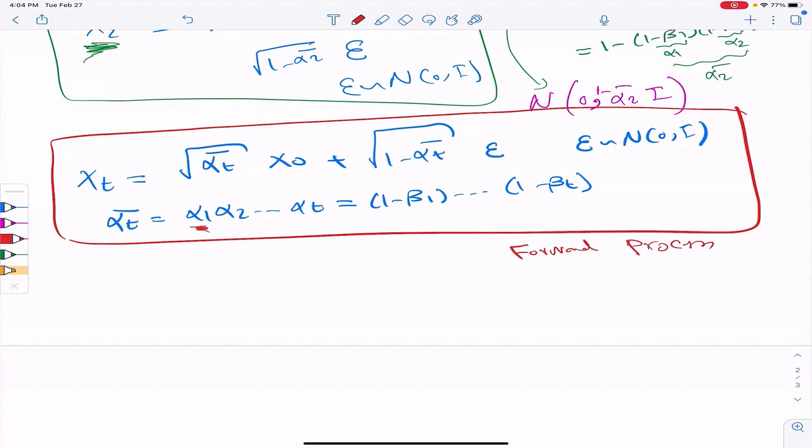Yeah, because we are assuming betas are a number between 0 and 1. That's the scaling down version of your input. You don't multiply your input with a negative number or with a number bigger than 1. Therefore, each alpha is going to be a number between 0 and 1.